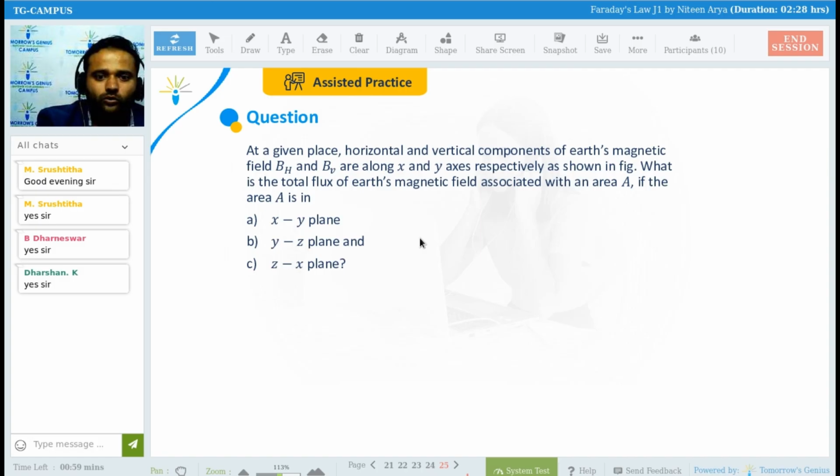What is the total flux of Earth's magnetic field associated with the area A, B, C? Oh, they ask in this way.